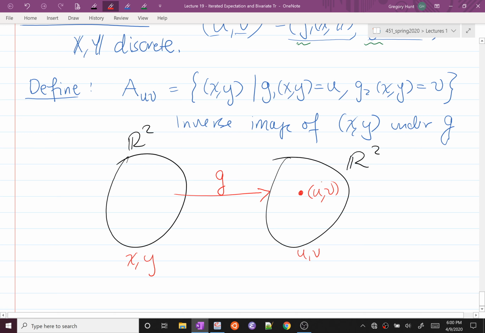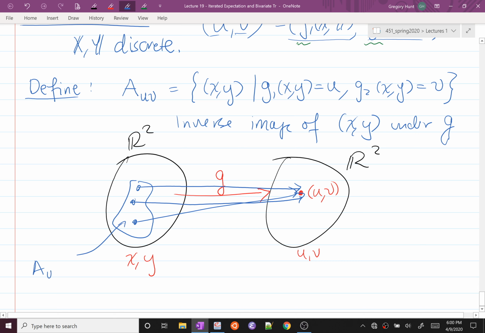So if I have some point uv, if I look at all points over here that map under g to uv, this is my A sub uv, which you could write as g inverse of uv. Let's say it like that. Let's get a notation.